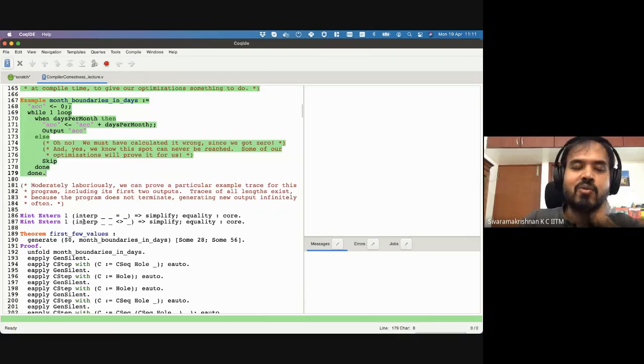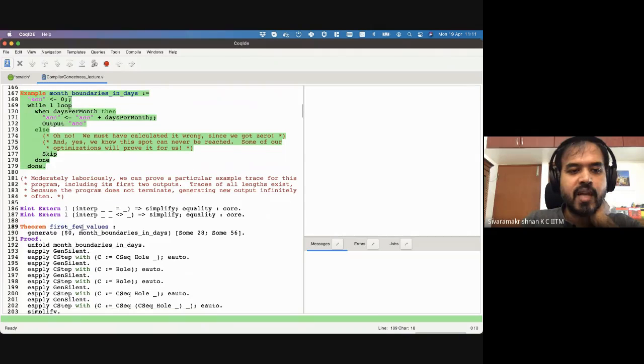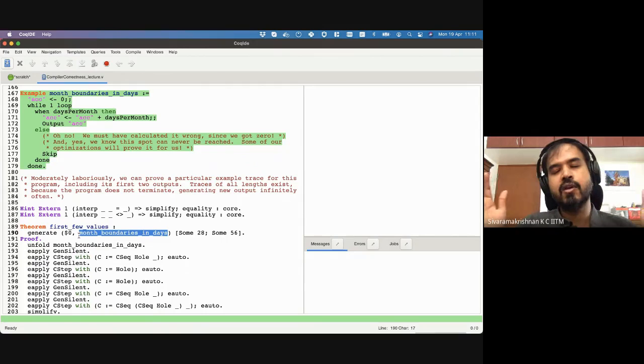We can, in fact, do something simple, right? I can show that if you run this program, because traces include all prefixes as well, right? If a program produces a trace, any prefix of the trace is also a trace that is generated by the program.